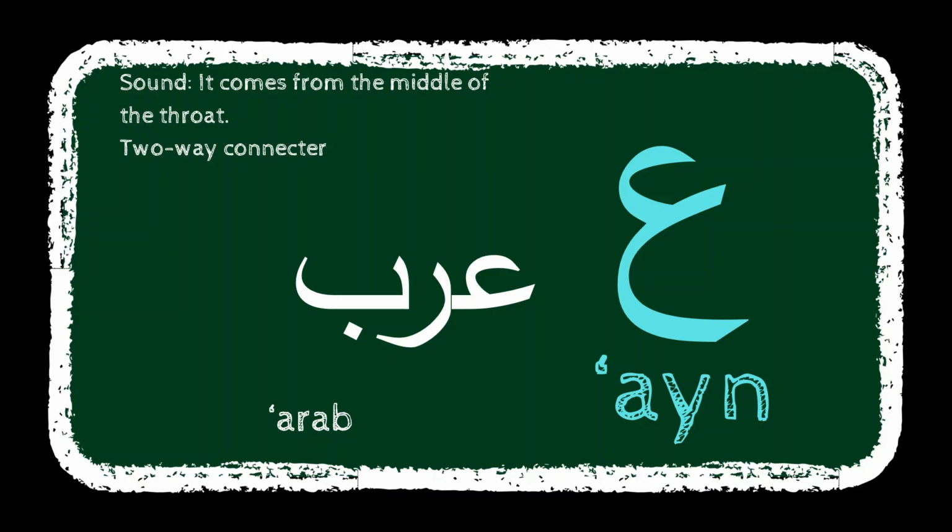So it's Ain, and in a word it's pronounced Arab. This word means Arabs, okay? And one more time, it's pronounced Arab.